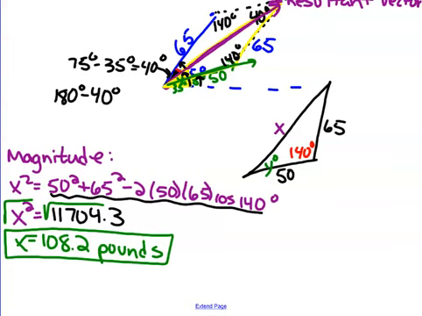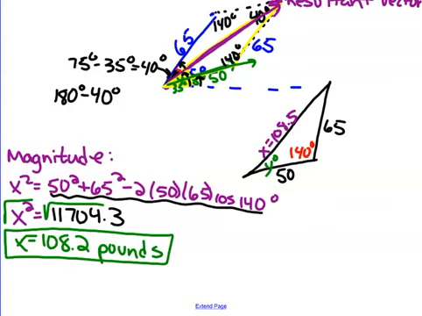So if I look at my picture here, now I know that x is 108.5. Maybe I'll turn this around. x is 108.5.